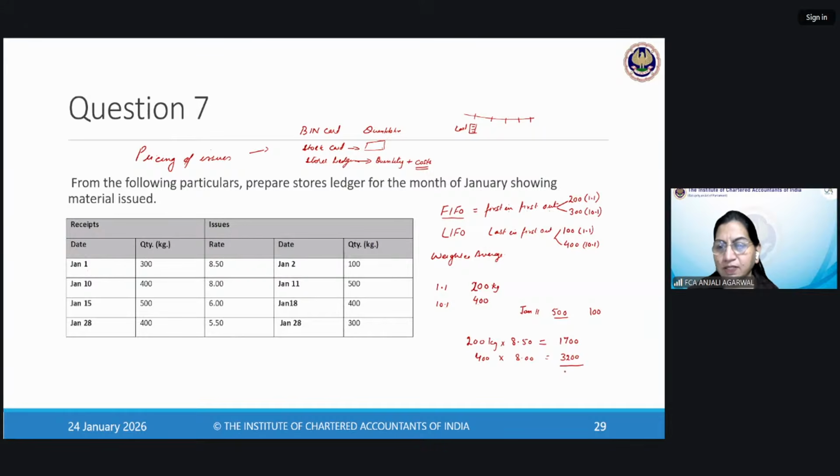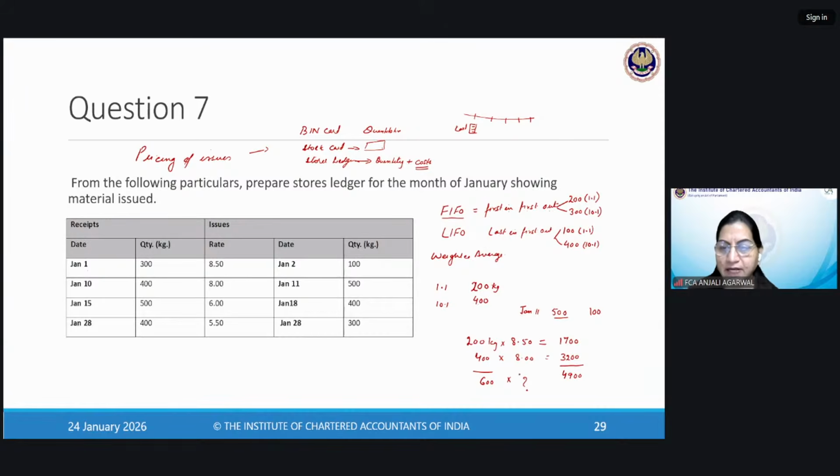So the total is 4900 of cost with 600 units. So this you will calculate here: 4900 divided by 600.